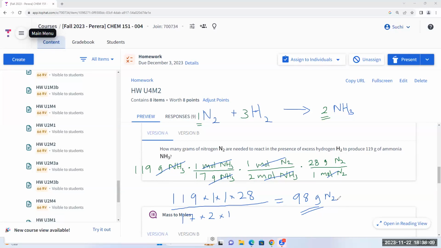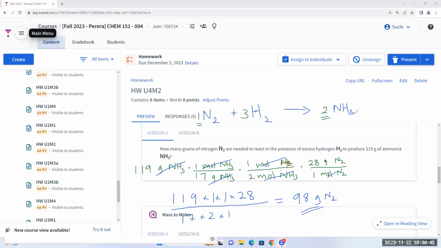So one other thing. You got hydrogen in your version, so let's do hydrogen as well really quickly. If your version is about nitrogen, this is your answer. If it is about hydrogen, nitrogen will be replaced by hydrogen over here.